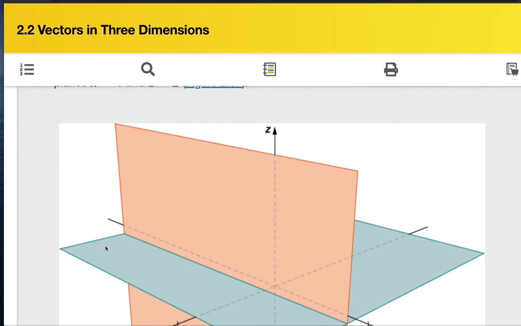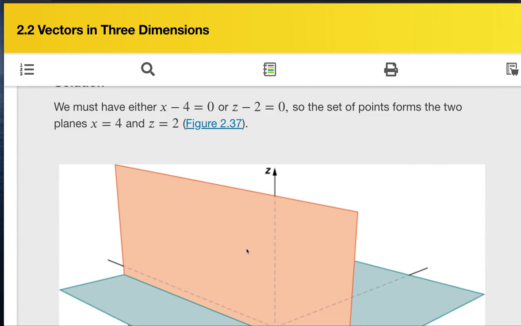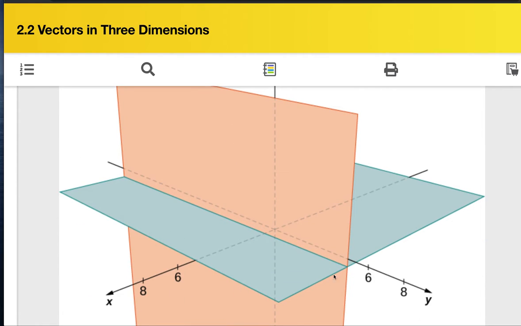It is the bluish colored plane, the horizontal plane, which is 2 units above the xy plane.